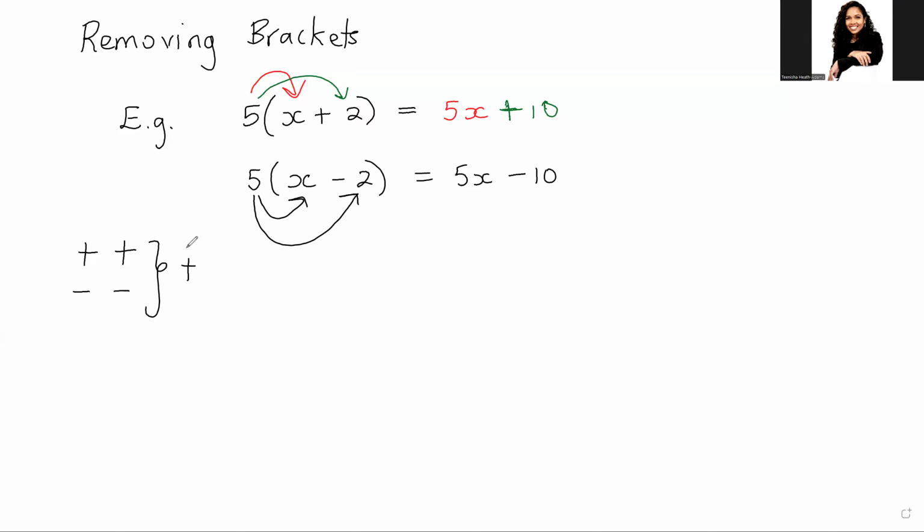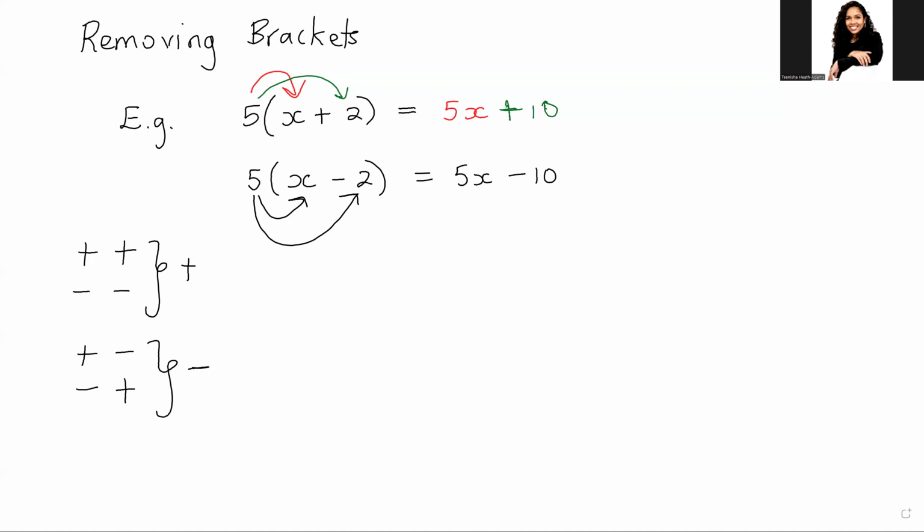So same signs when multiplied or divided by each other give you a positive. And different signs when multiplied or divided by each other give you a negative, right? So when you're removing brackets, you have to be sure to pay attention to your signs.